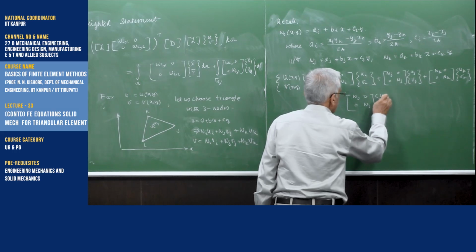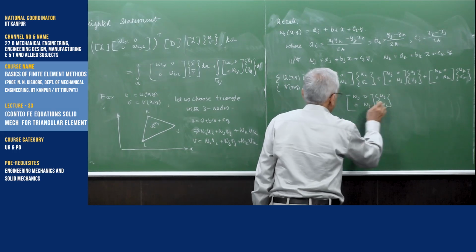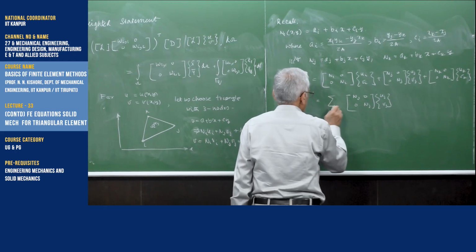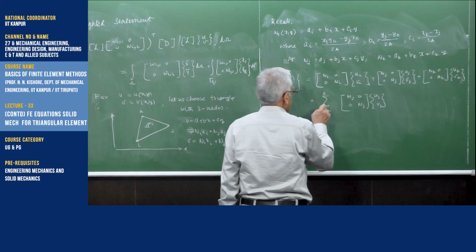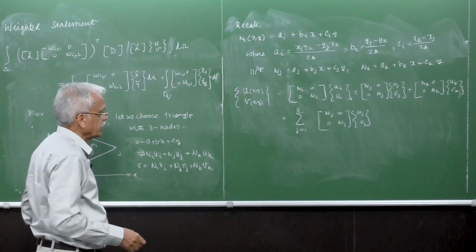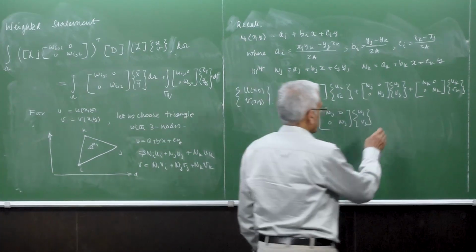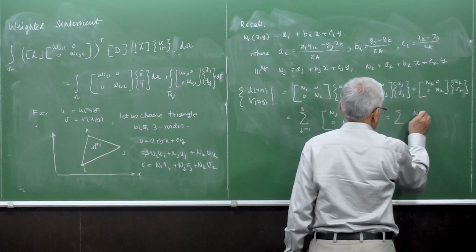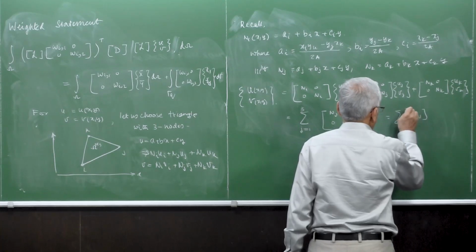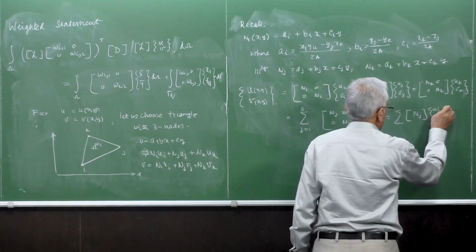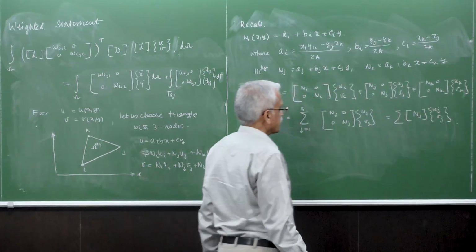You can even write this one if you want, in general, j goes from 1 to 3, or in general i, j, k, right? So this is the general expression, or sometimes we can also write it in this manner.